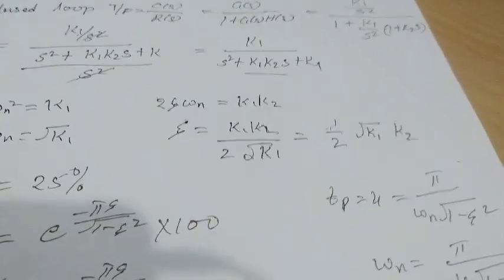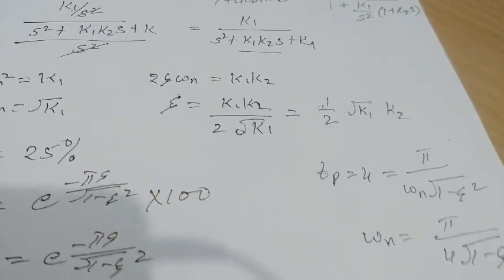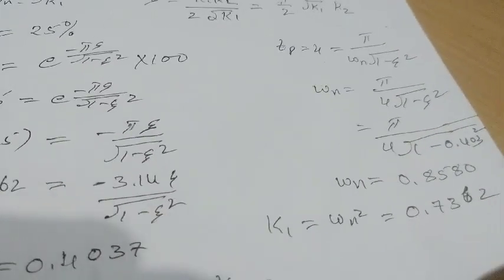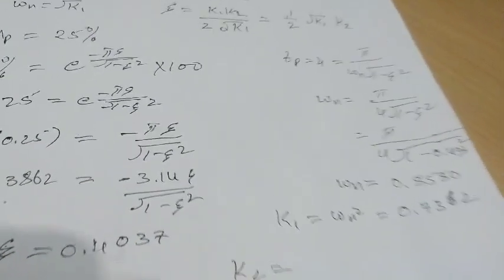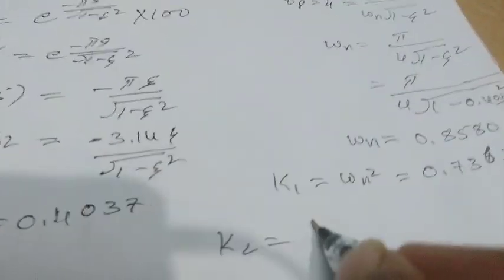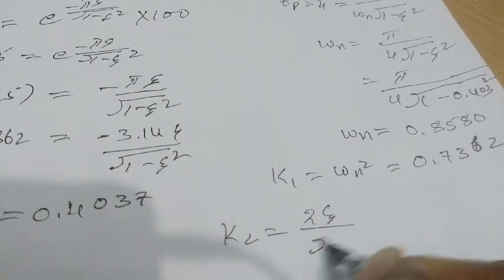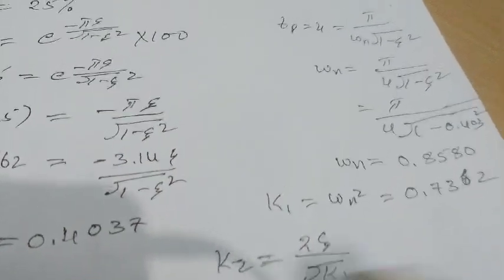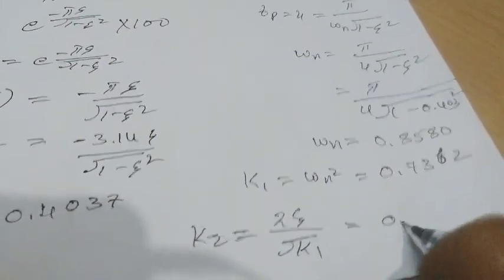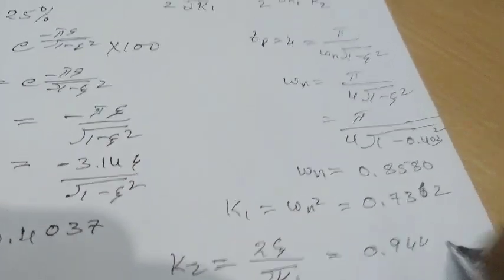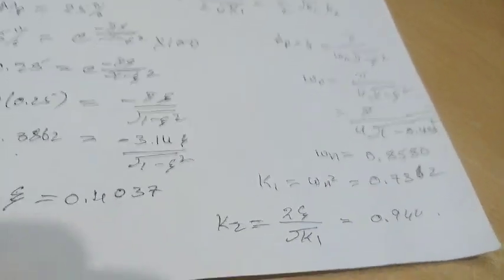So from this expression, the K2 will be 2 zeta divided by root K1. So substituting in this, we'll get 0.944. Thank you. So K1 and K2 values we got.